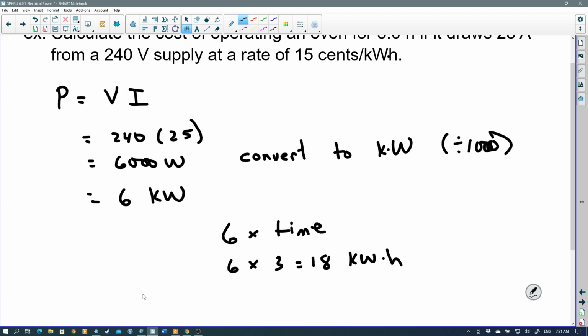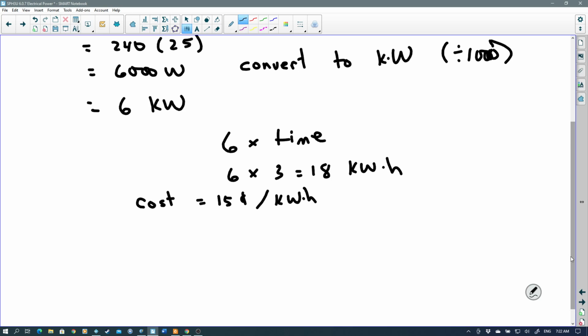And then to calculate the cost, since we know the cost is 15 cents per kilowatt hour, we're really basically using unit analysis here to figure out how to generate the equation. We're just going to take our kilowatt hours, and notice this is not kilowatts per hour, it's kilowatt hours. They're multiplied together.